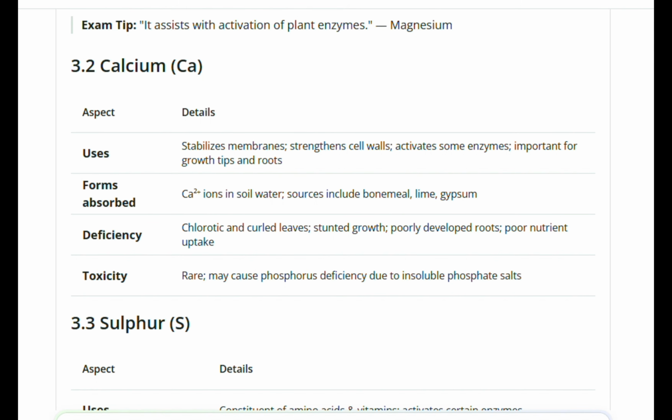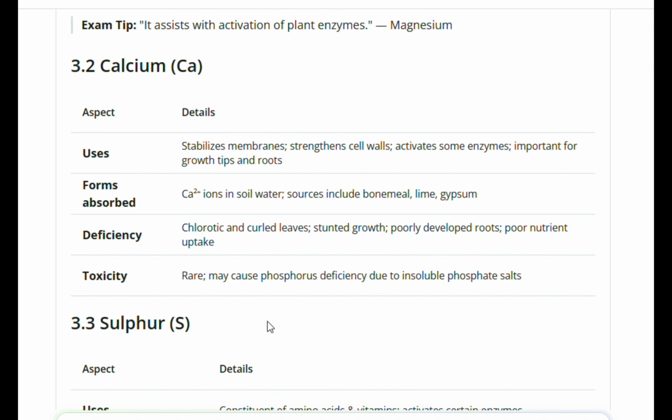The symptoms of toxicity are rare, but it may cause phosphate deficiency due to insoluble phosphate salts.